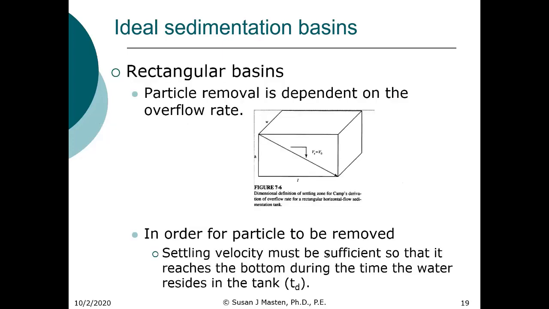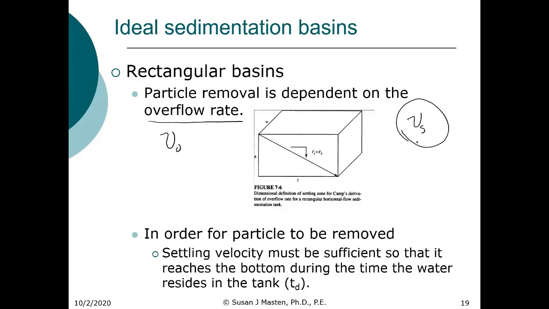So when we look at rectangular basins, the particle removal is dependent on the overflow rate, and we'll talk about that in just a bit. And that is a function of the design of the basin. So we have both a settling velocity and an overflow rate.